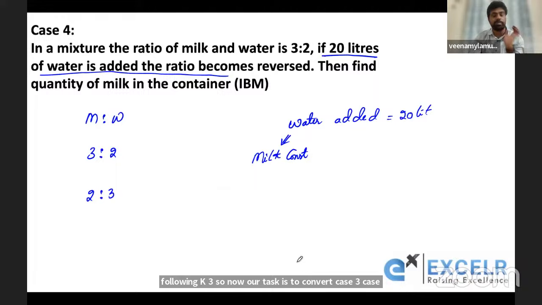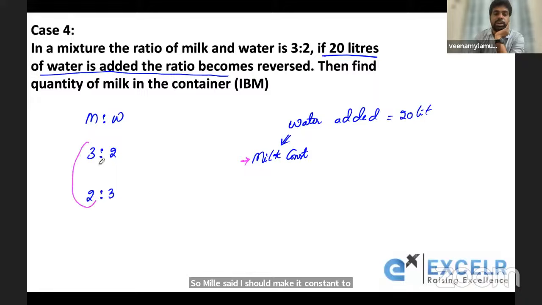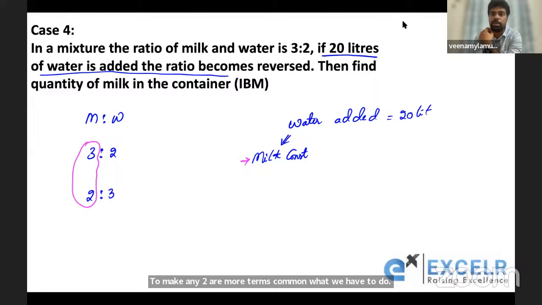How will you convert? The milk side I should make constant. To make any 2 or more terms common, what do we do? Very good.